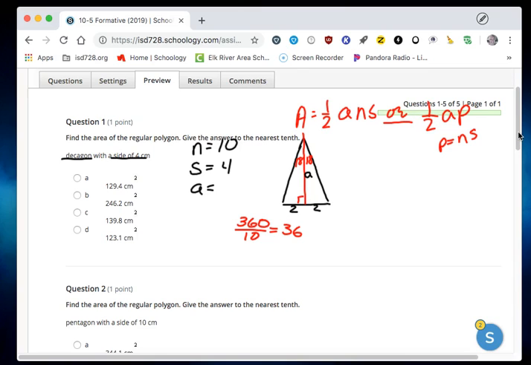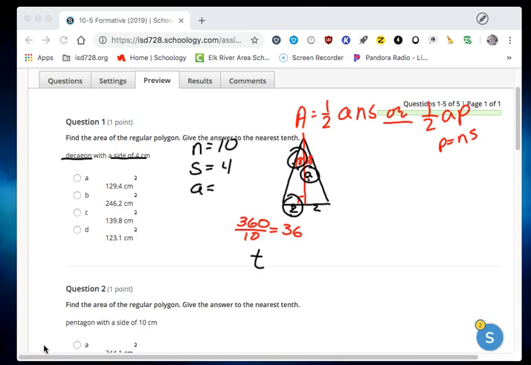So now I'm looking at from here to here. I'm going to use this 18, the 2, and A. From 18, the 2 is opposite. From 18, A is the adjacent. So I'm looking at tangent. So my apothem is right there.